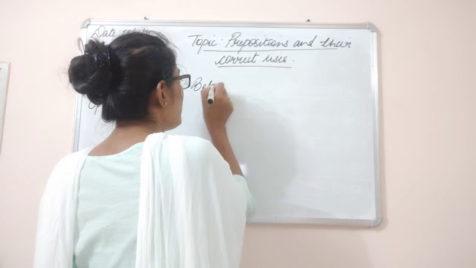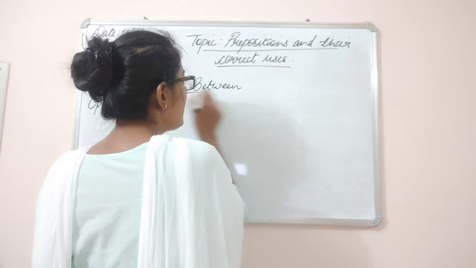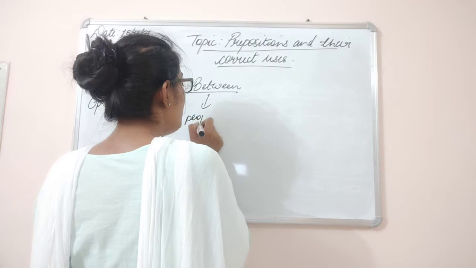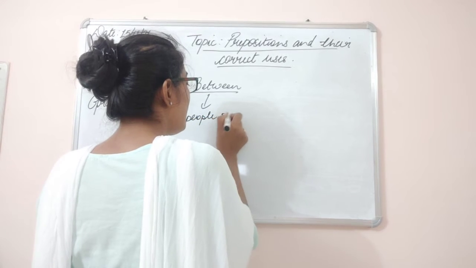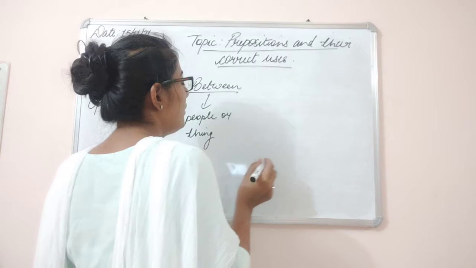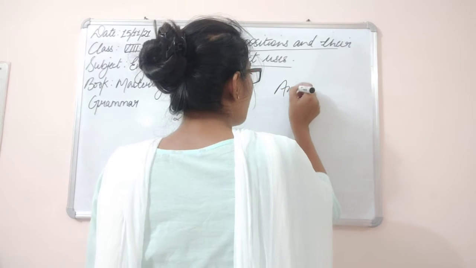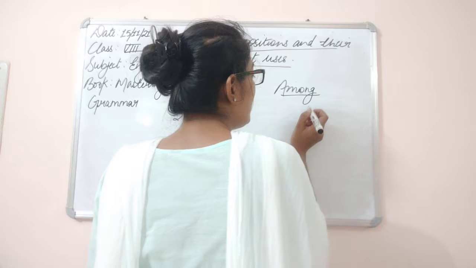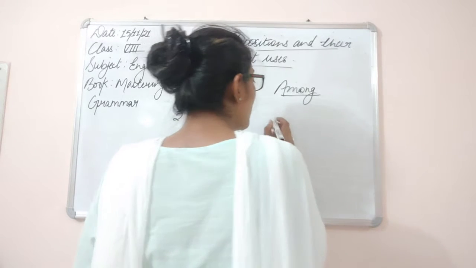Between is used for two people or things. And among is used for what?